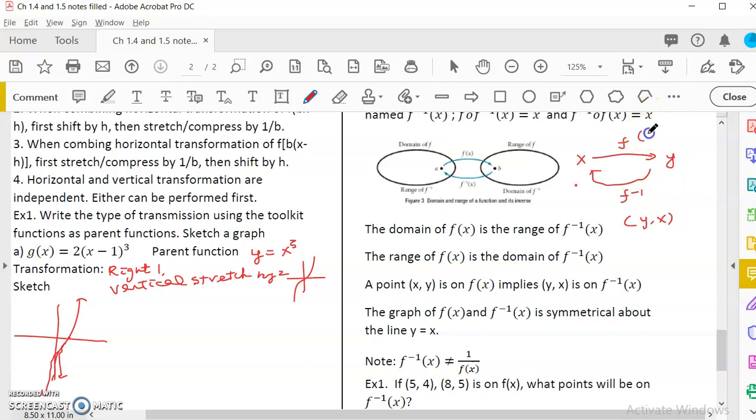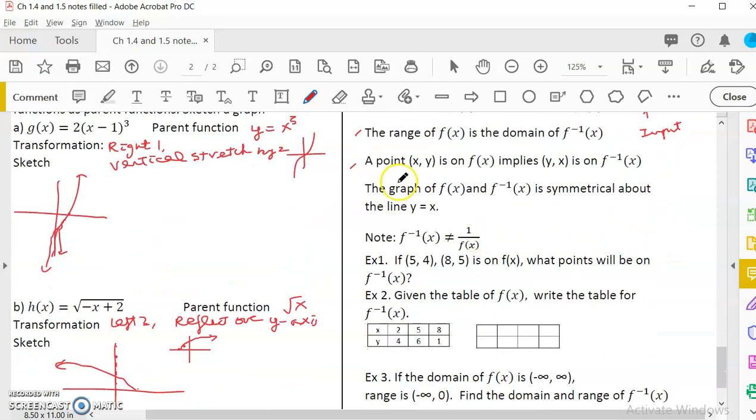In the original graph, we have x comma y, but this is the input to the f inverse function, and that is x, but the point itself is y comma x. So anytime you have a point like, say, 1, 4 on the original function, then 4, 1 is on the inverse. So this is another property, so that we have a few properties.